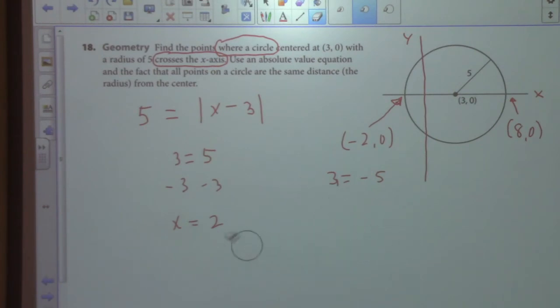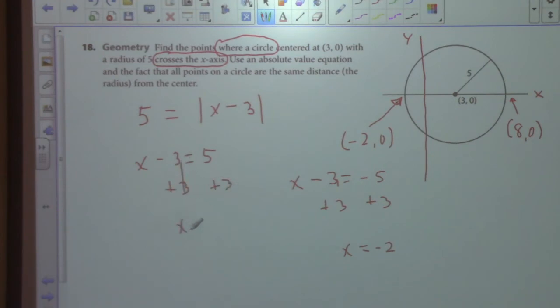So this is an example of one where the answer is not too hard, but articulating the equation for it would be... Negative 2, so that would be right, huh? I think so. X is equal to negative 2, and x is equal to 8.